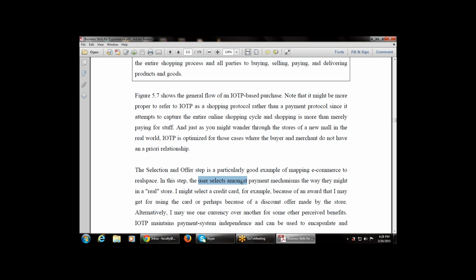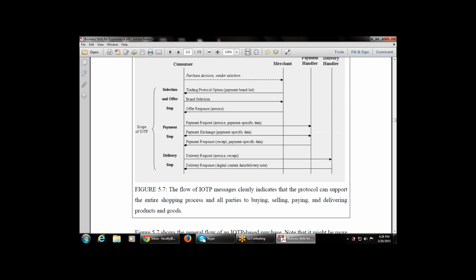In this step, the user selects among payment mechanisms the way they might in a real store. This is the selection procedure, that is, what type of payment option you use: either the debit card, the credit card, or internet banking. What mode of payment do you like for e-payments?